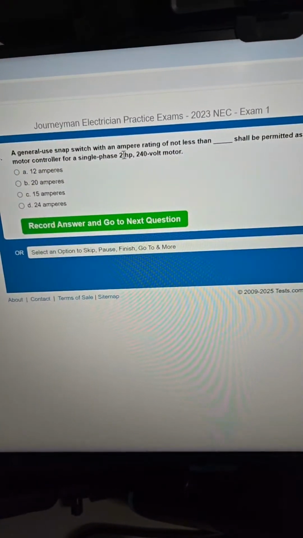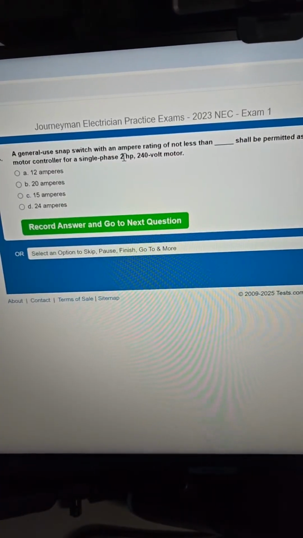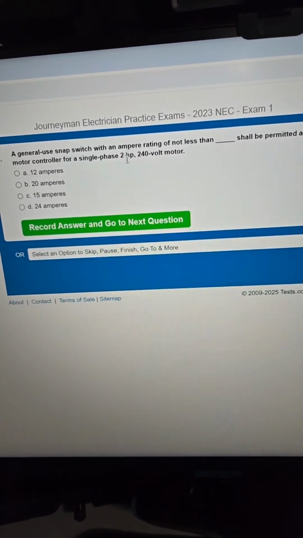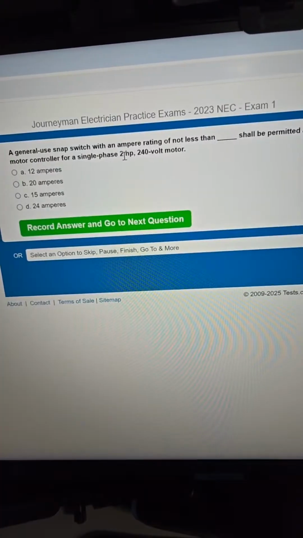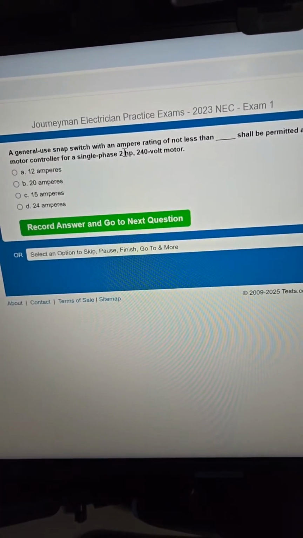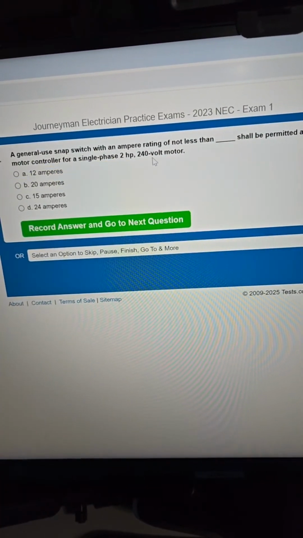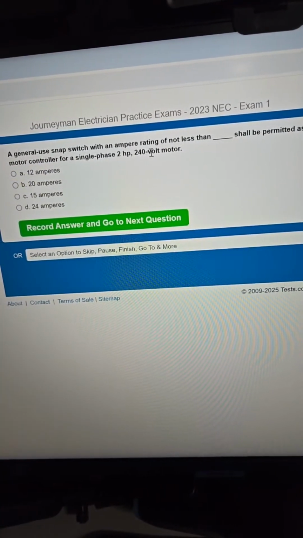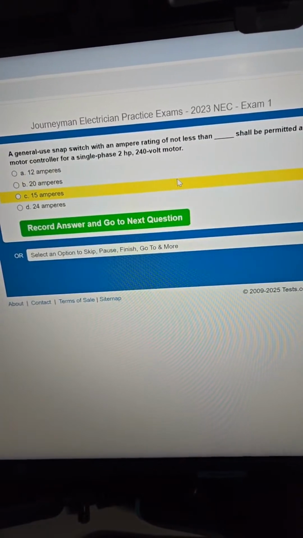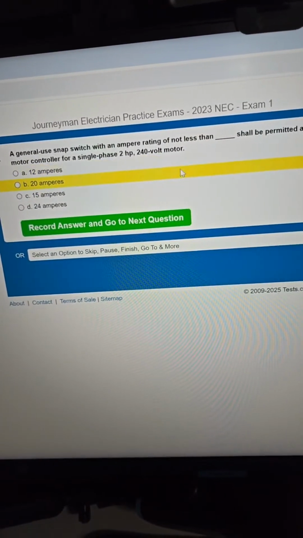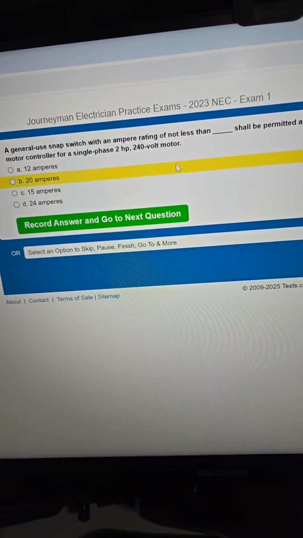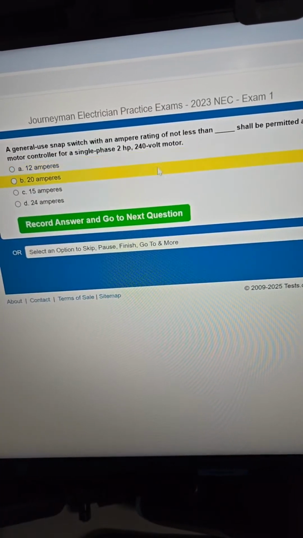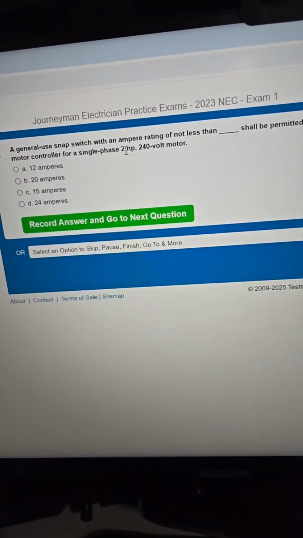If we did 746 times 2 for each horsepower. And we need to find out what the amperage is. So I, E, I, R, P, I, E. 2 horsepower, we need to find out what the amperage is.